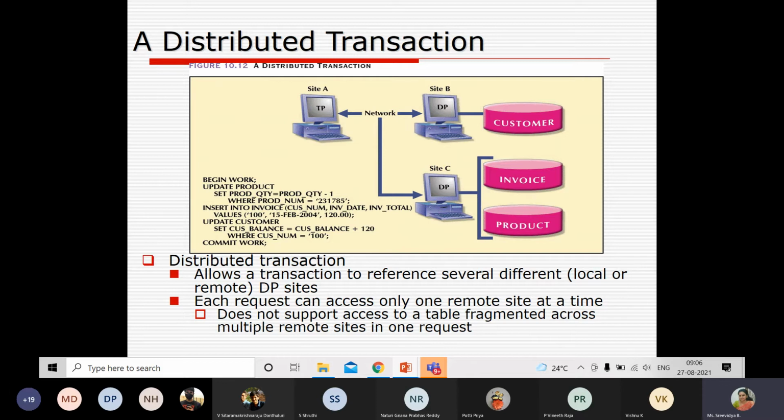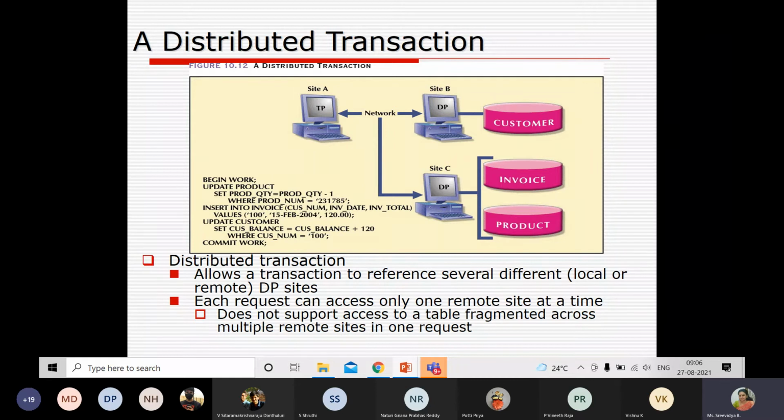So this also means we cannot have the customer table again inside site C, sir? You can always have it. That you cannot have it is not the statement. If you say there is a customer table available in site C also, what is the challenge going to be in executing this query?